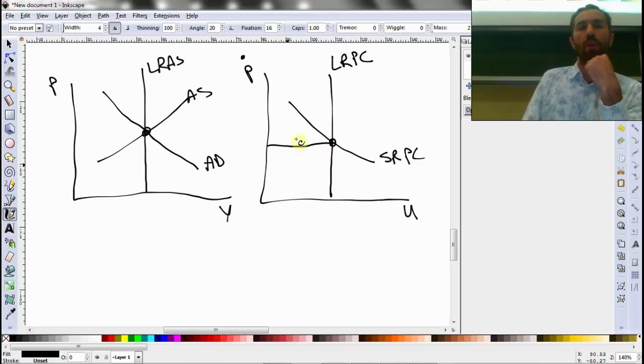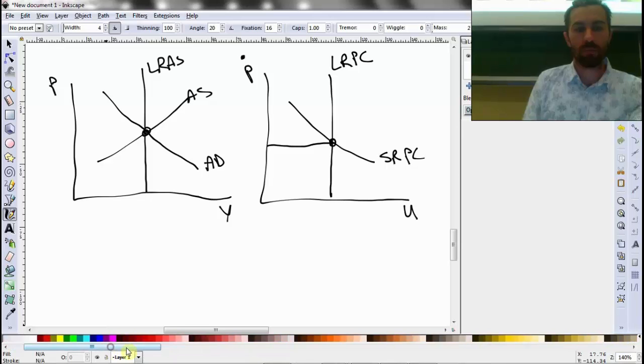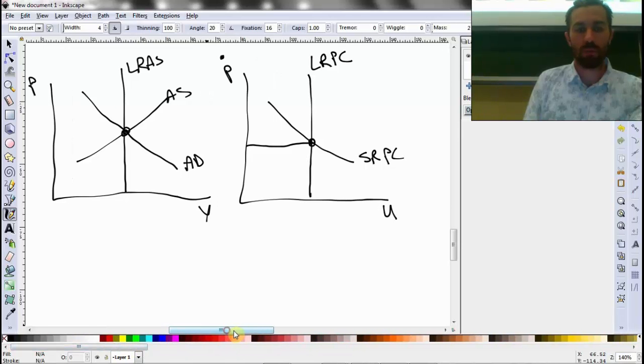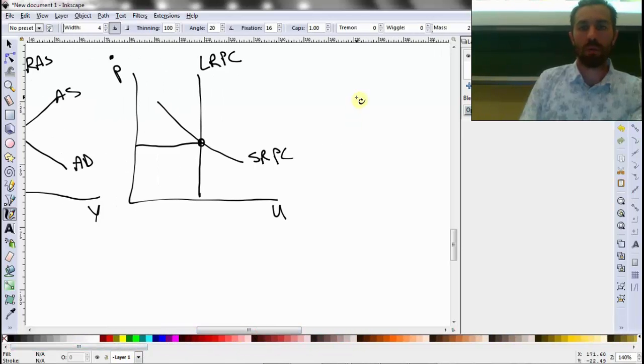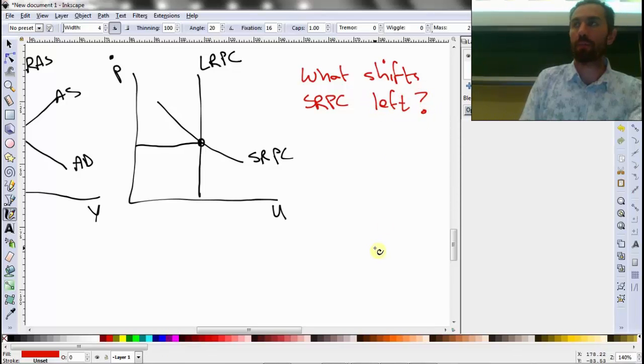Okay, the question then is the following. What shifts the short run Phillips curve to the left? Okay.